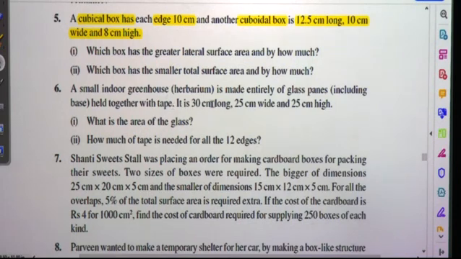It is 30 centimeter long, 25 centimeter wide and 25 centimeter high. What is the area of the glass? How much of tape is needed for all the 12 edges?